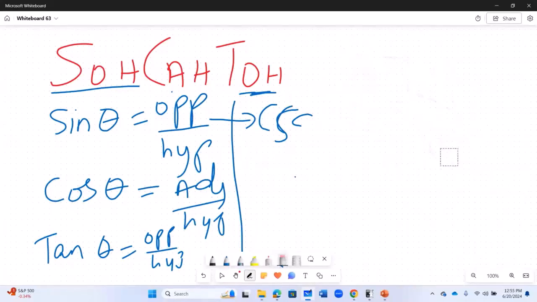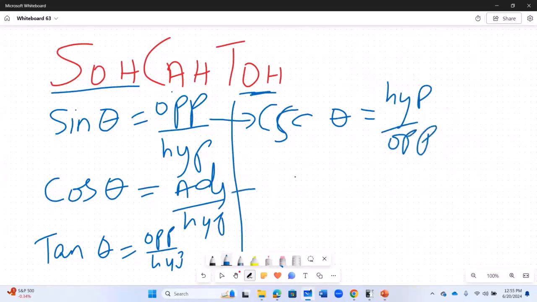But even if I don't draw that triangle again, guess what? The cosecant is the reciprocal of sine. So since I already know sine, cosecant of theta is the reciprocal of sine, hypotenuse over opposite.